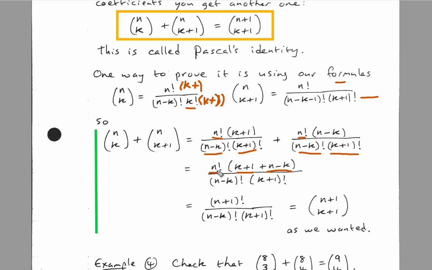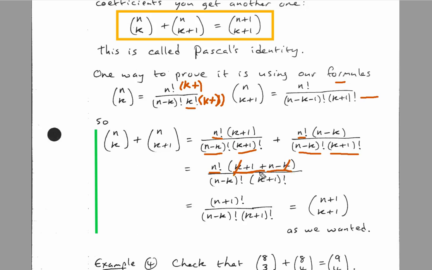So we're combining two steps here. It's just this plus this, and then factor out the n factorial. And then this whole thing simplifies, so k plus 1 plus n minus k.